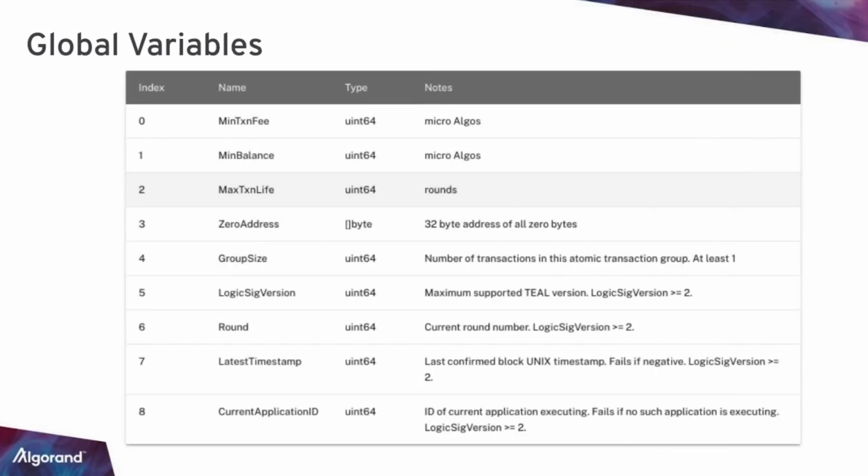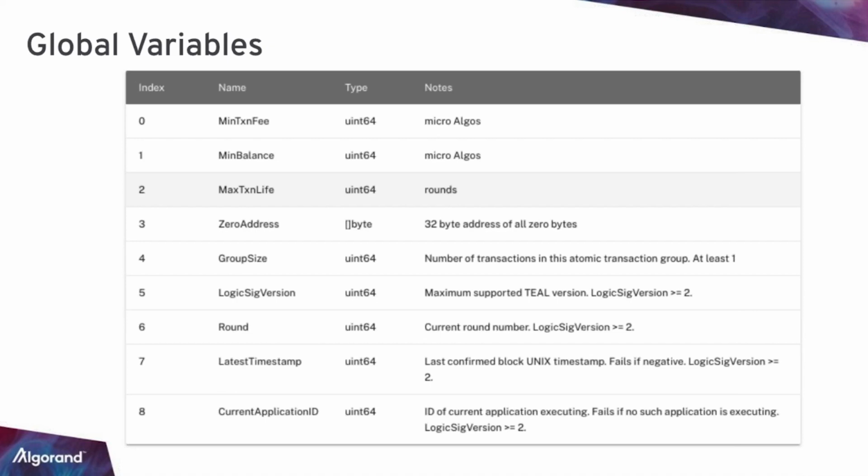I also have access to a set of global variables. Not all these global variables pertain to both contracts. Specifically, if you look at things like latest timestamp, that is the timestamp of when the last block was confirmed. That's as close as you can get to the time, and that is only available in Stateful Smart contracts.